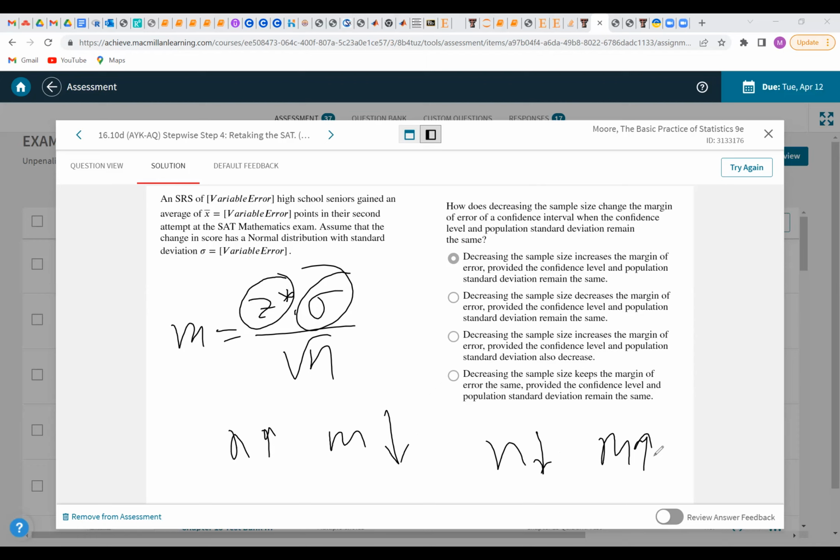So decreasing the sample size increases the margin of error, provided the confidence level, that means the alpha value and corresponding Z star, is fixed, and the population standard deviation sigma remains the same. So the correct answer will be the first one.